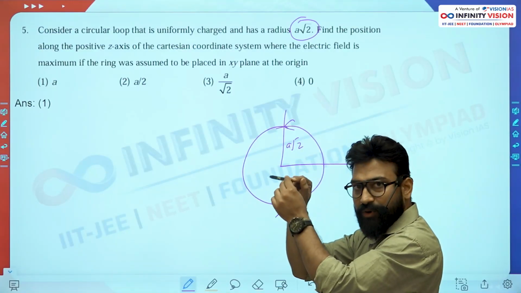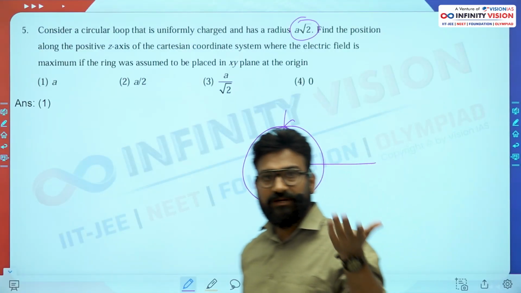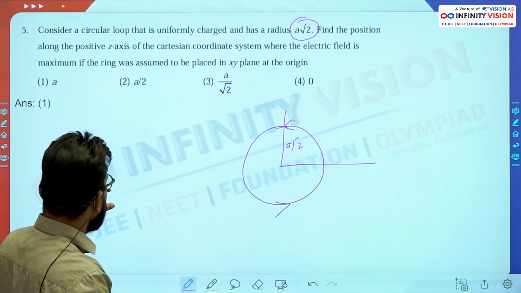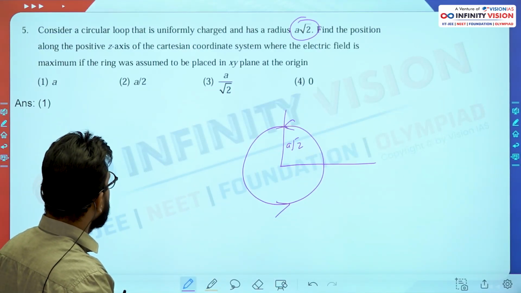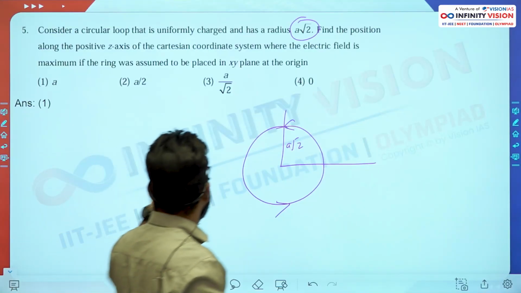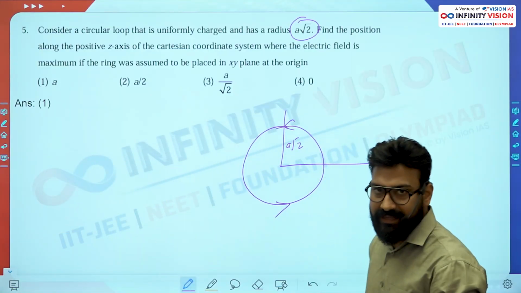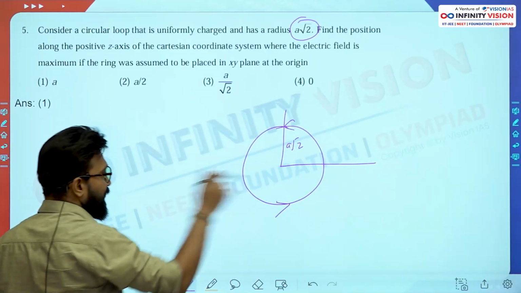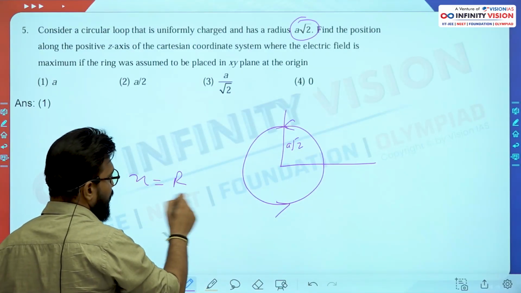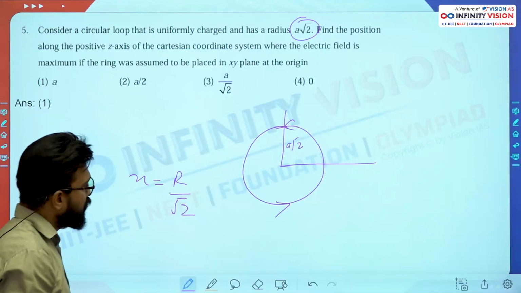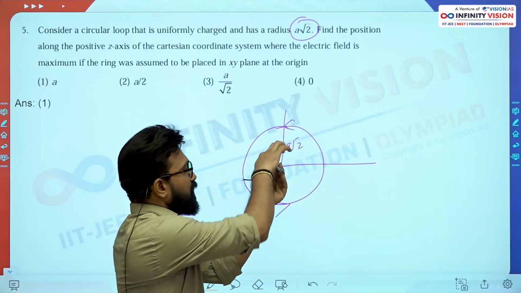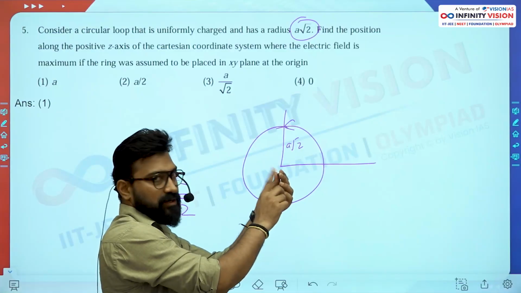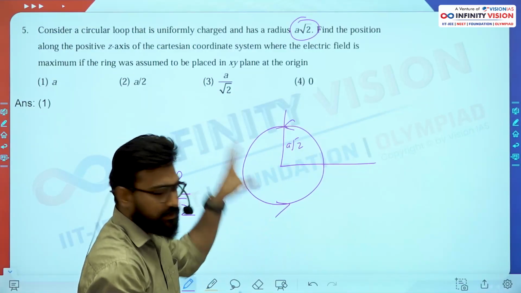So at an axial point, the maximum value of the electric field can be calculated using the relationship. This distance x is nothing but r by root 2, that we already know. Okay, so at a distance of x equal to r by root 2, the electric field would be maximum.